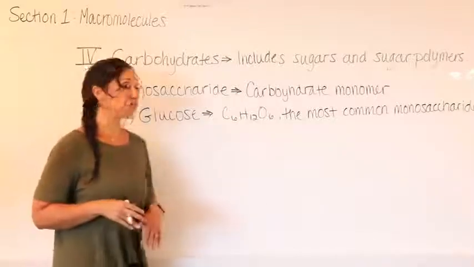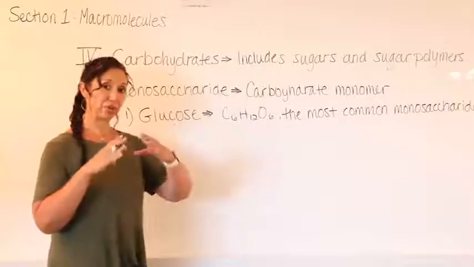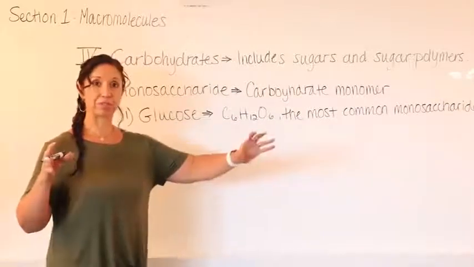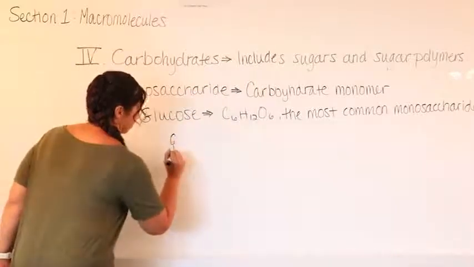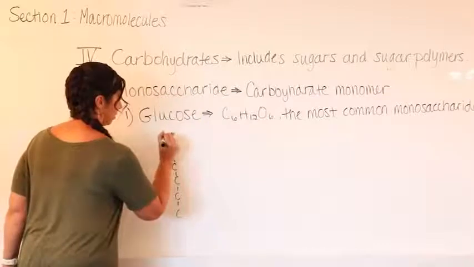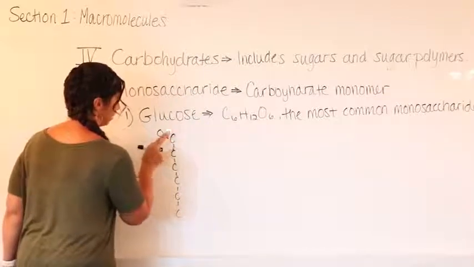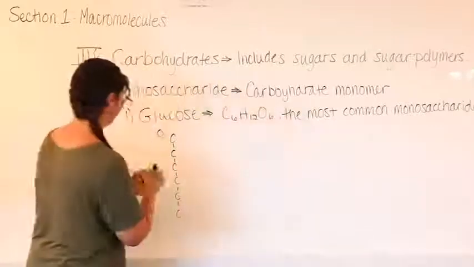I'm going to show you both structures, but what you need to know is that glucose prefers being in a ring shape when it's creating all of its polymers, and we'll talk about that as well. So let's do 1, 2, 3, 4, 5, 6.